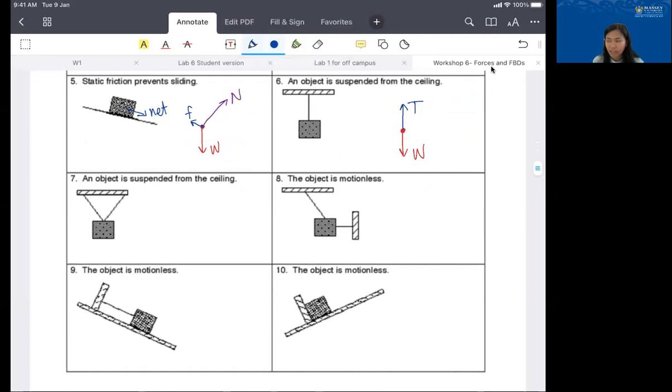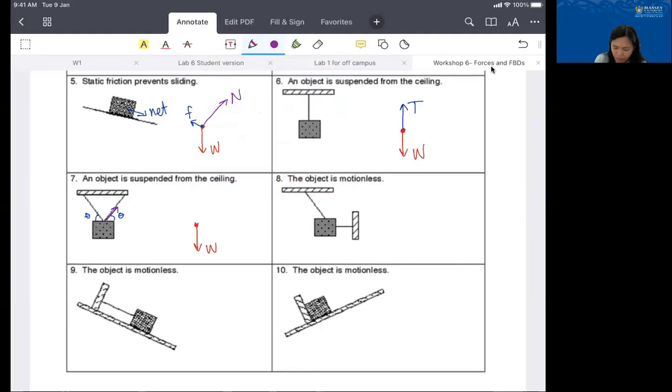Okay. Question 7 is like the example we saw in class, but this time the angles are equal. So we've already seen this in class earlier. So you have the weight force, always the obvious thing. And then you have two tension forces along the string.